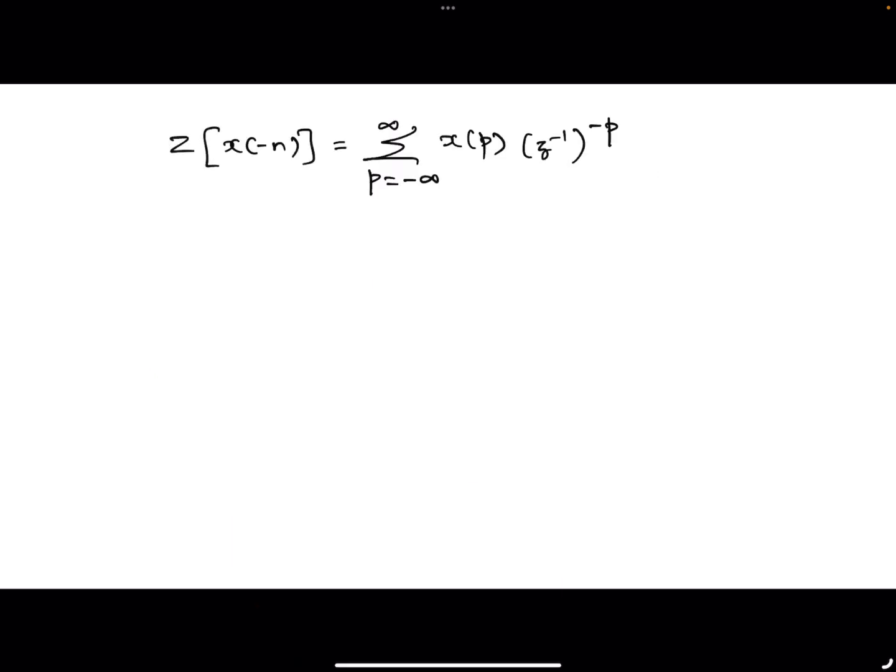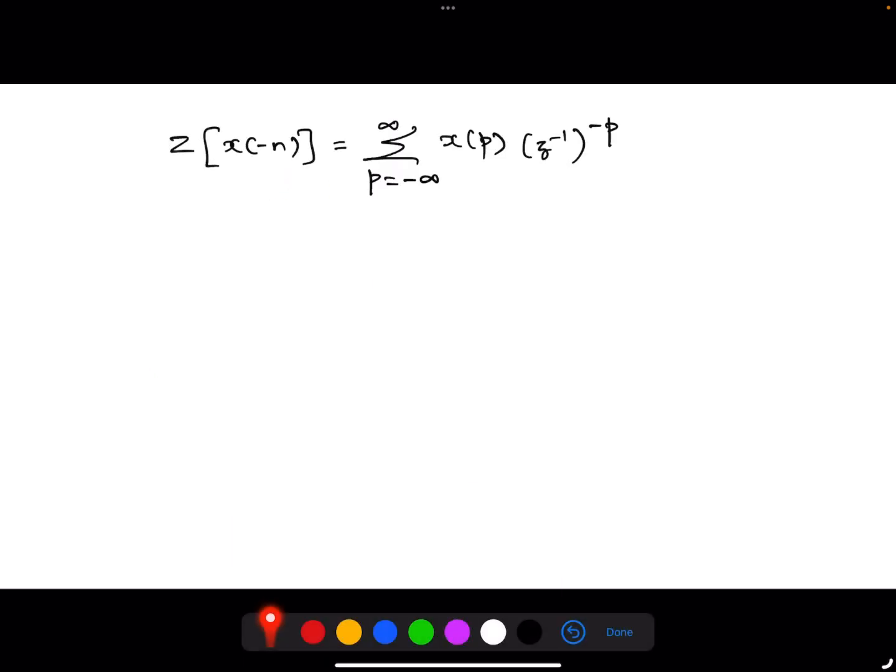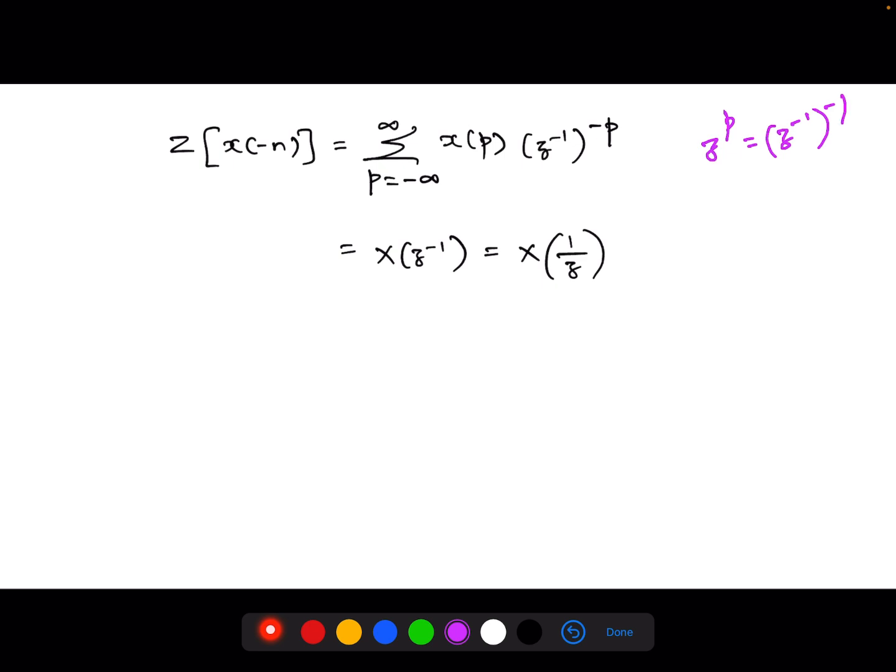Now the next step, z of x of minus n is summation p equal to minus infinity to plus infinity x of p. Here we will have z inverse whole power minus p. So this one, how it comes, you have to be clear. Actually it is z power p, but here you just want to make it in this way so that you will end up with the result.